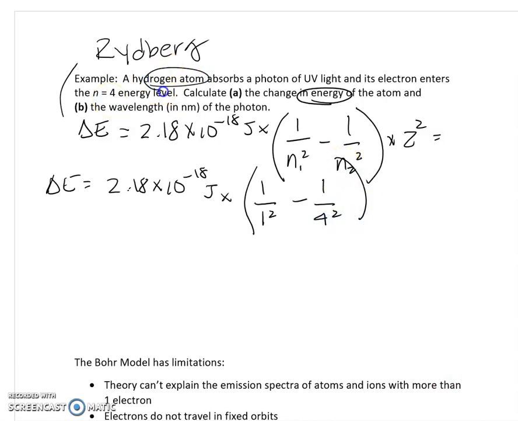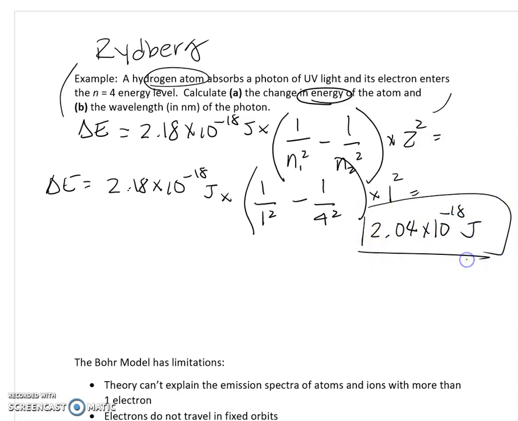And this is a hydrogen atom. So if you recall, Z for hydrogen is 1, so our Z has to be 1 squared. And then when we solve, you should get 2.04 times 10 to the negative 18 joules.